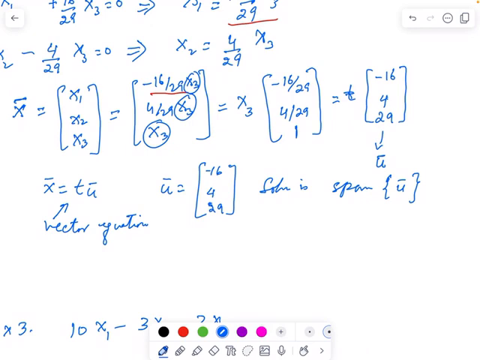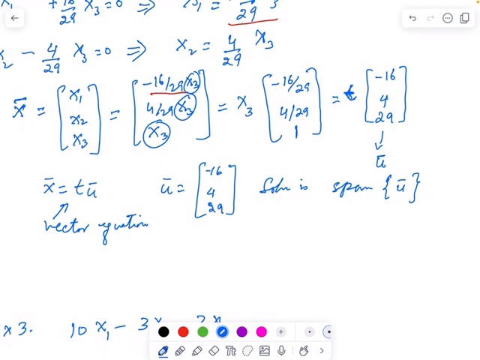But often what happens is that for the vector we get in the end, we try not to have fractions there. So think about multiplying this whole vector by 29.